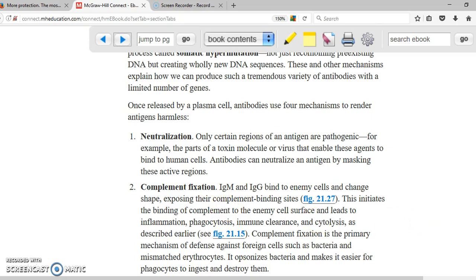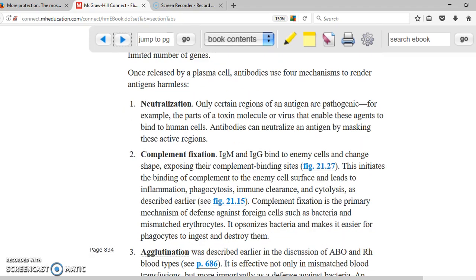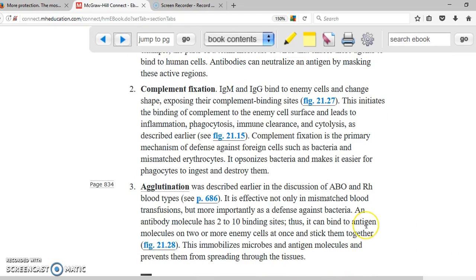Next one is the complement fixation. Complement, remember, has to do with the complement mechanism that we covered before. In this case, IgM and IgG are going to attach to the antigen, therefore producing a particular type of molecule called an antigen-antibody complex. This modifies the way they are arranged, and because of that, the complement binding sites that you can see here are going to be available for the complement to attach to.